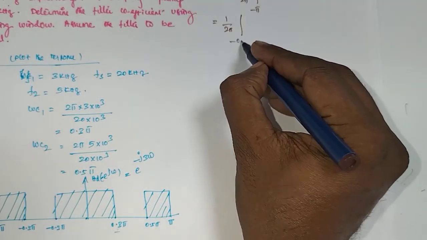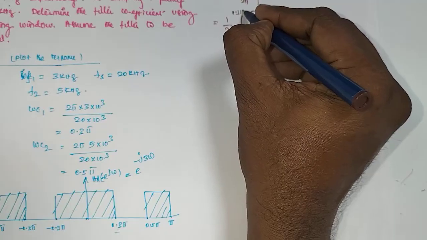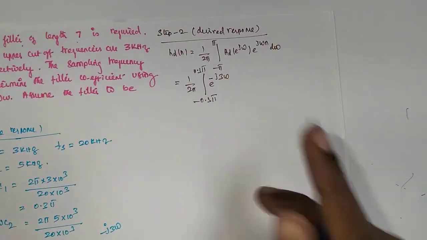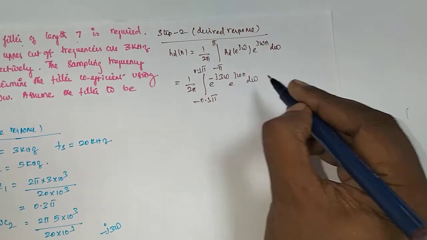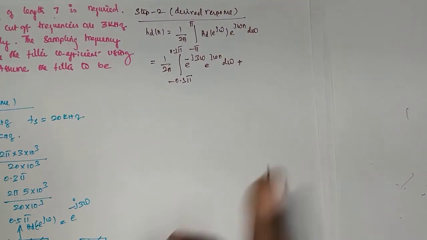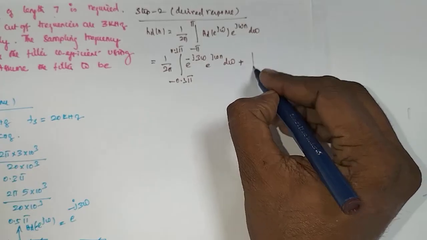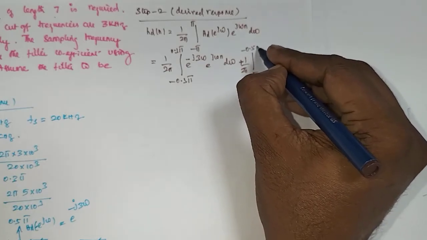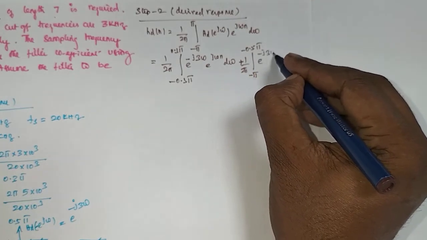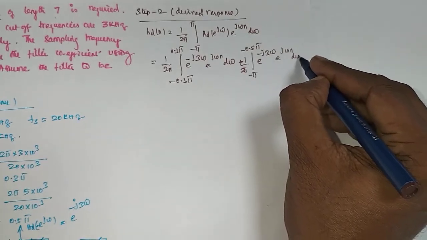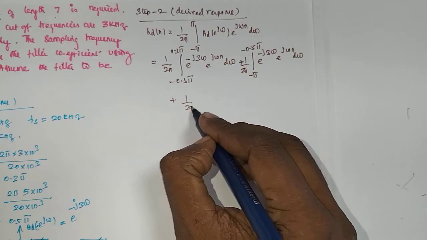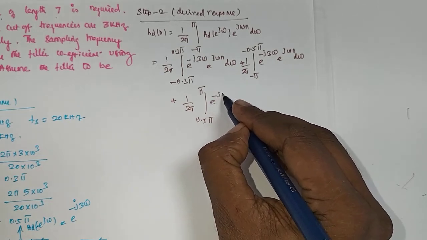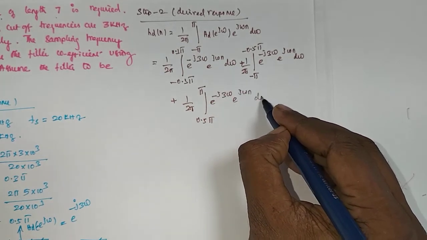The low pass part is between minus 0.3 pi and 0.3 pi: 1 by 2 pi integral of e power minus j 3 omega into e power j omega n d omega, plus 1 by 2 pi integral from minus pi to minus 0.5 pi of e power minus j 3 omega into e power j omega n d omega, plus 1 by 2 pi integral from 0.5 pi to pi of e power minus j 3 omega into e power j omega n d omega.